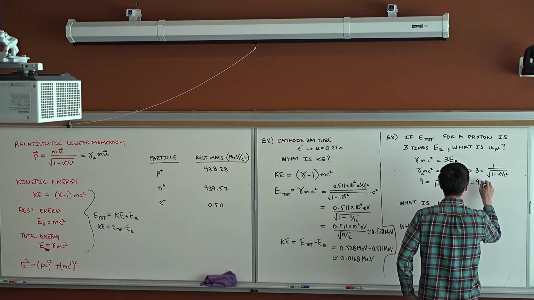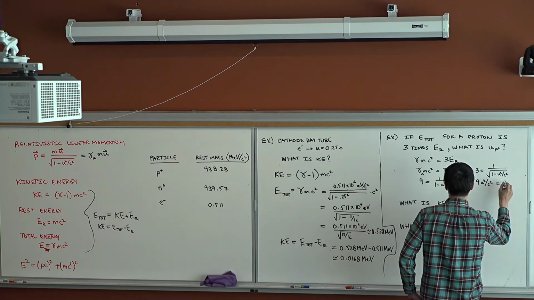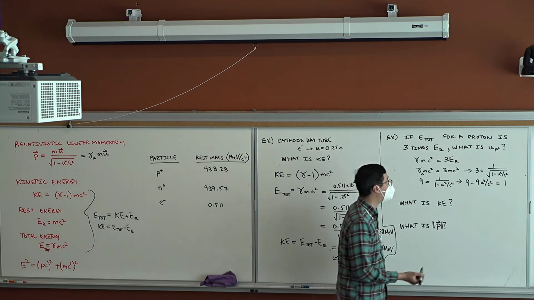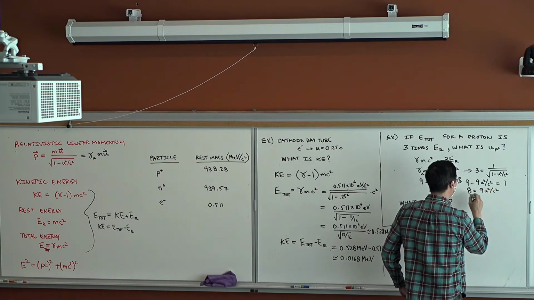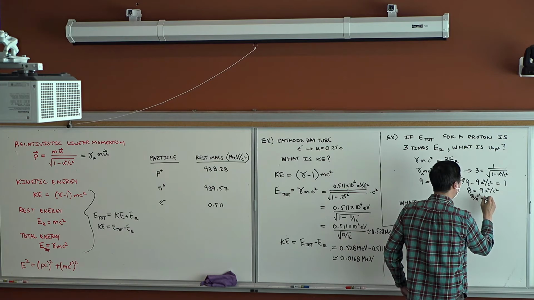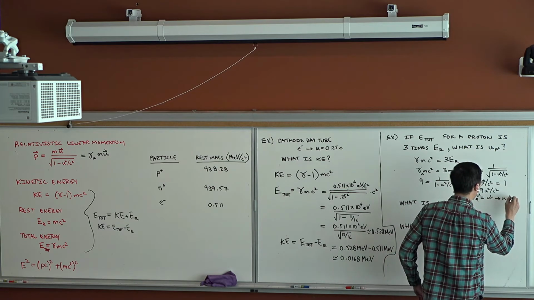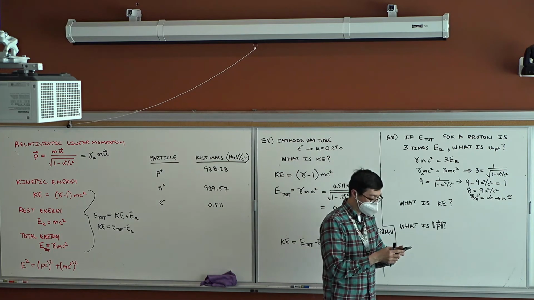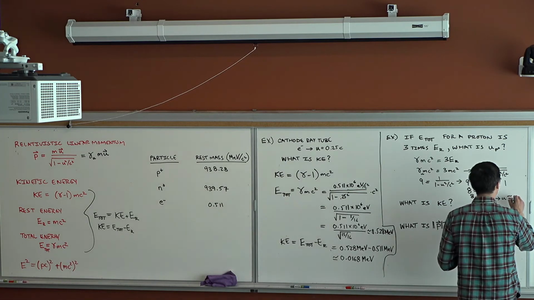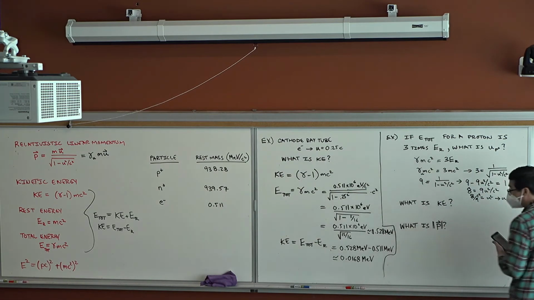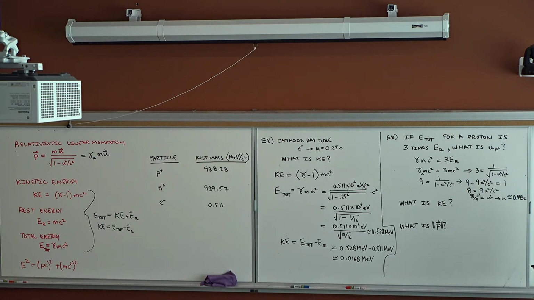9 minus 9 u squared over c squared is equal to 1. We can say 8 is equal to 9 u squared over c squared. We'd say 8/9 c squared is equal to u squared, or u is equal to the square root of 8 over 9, which is about 0.943 c.